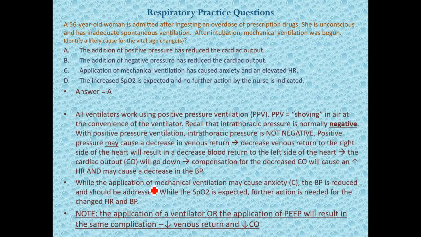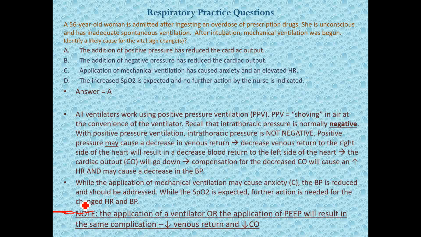You always have to consider that the application of a ventilator, again, note this statement here, this is the most important, the application of a ventilator or the application of PEEP, which we'll talk about in detail later, will or can result. Doesn't always, but it can result in the same complication, and that is decreased venous return.